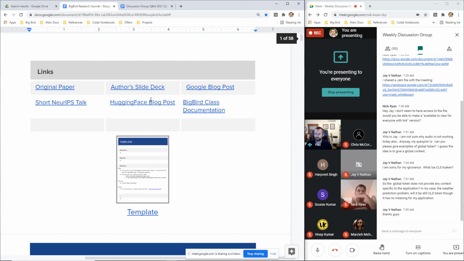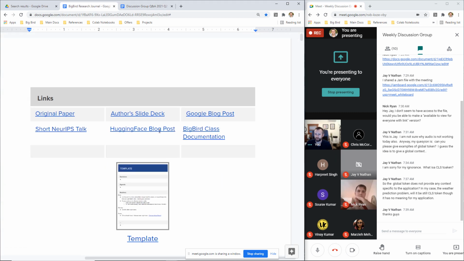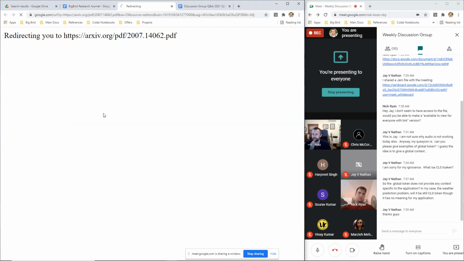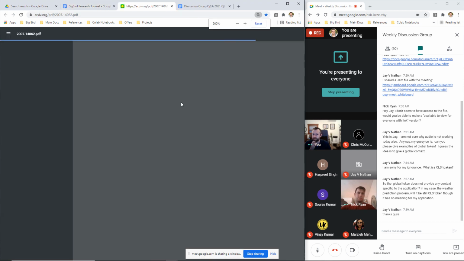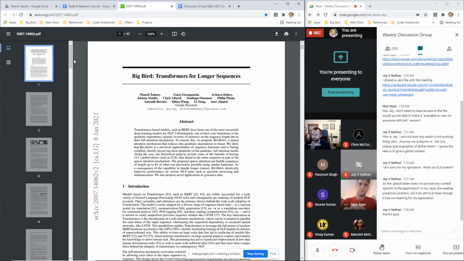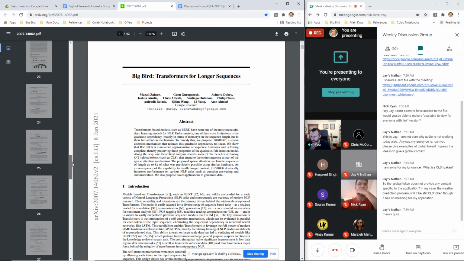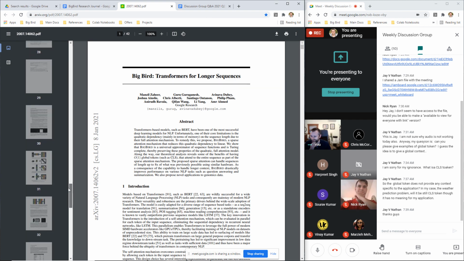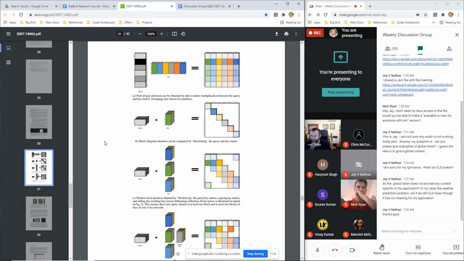So let's see if I can find it. The paper's so long, I hope I can find what I'm looking for. You can read through this if you're interested.